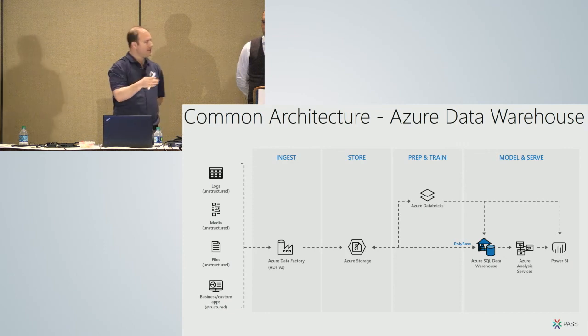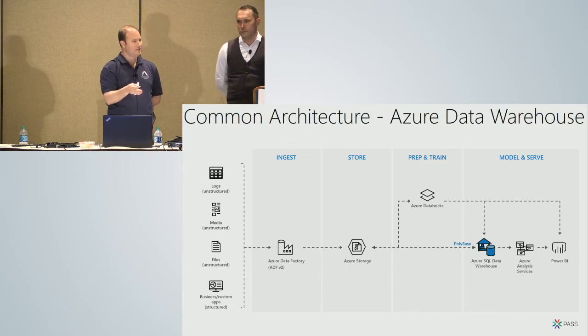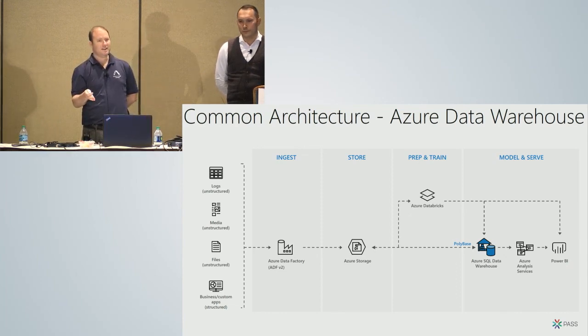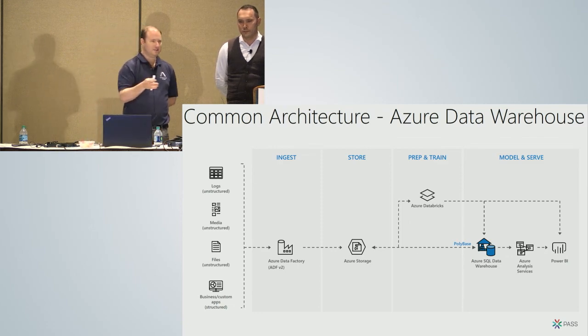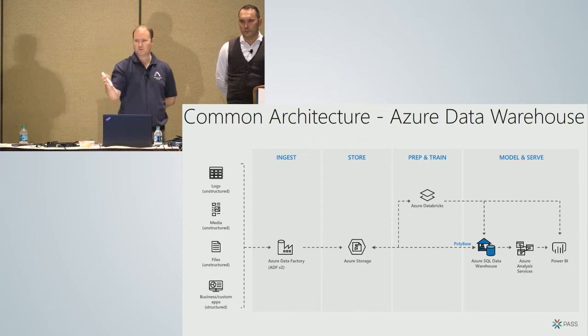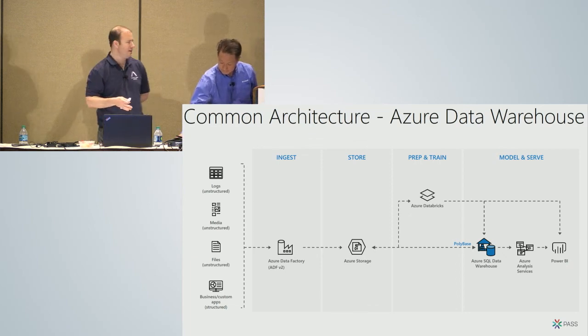At a high level, going from left to right, the typical scenario is a large number of data sources, with structured, unstructured, or semi-structured data. You need a place to land that, and typically you're looking for some orchestration tooling to move that data from wherever it is into, in this case, Azure storage, which will typically be your data lake.